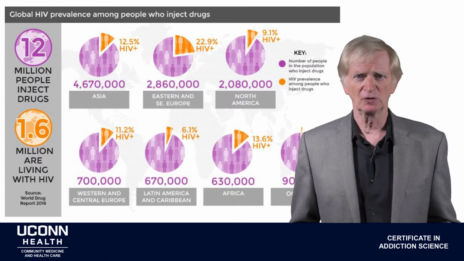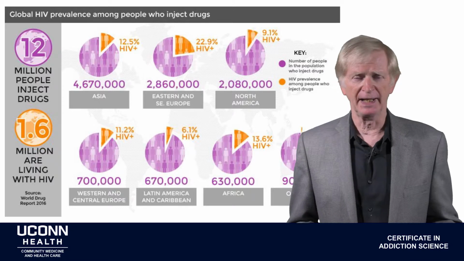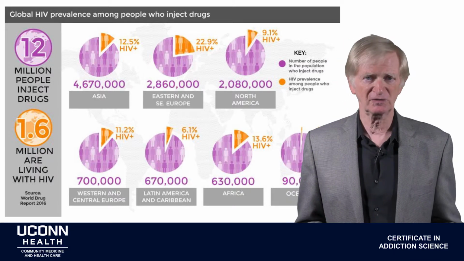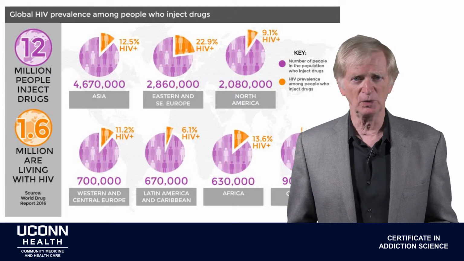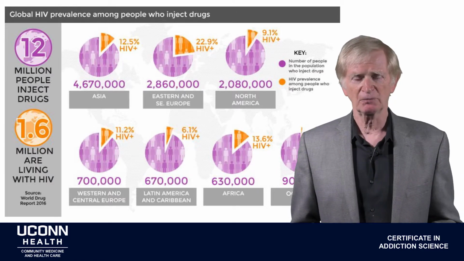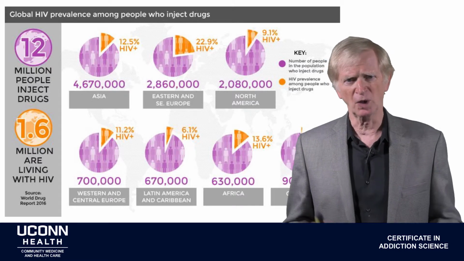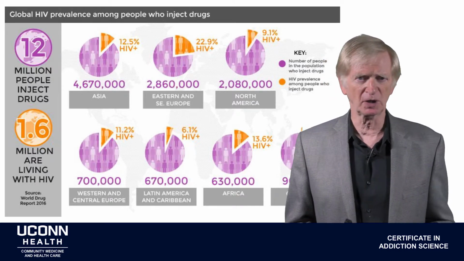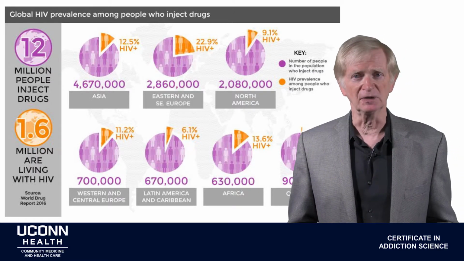Currently, there are about 12 million people who inject drugs, and among them, a little more than 10% are living with HIV infection. But there are big differences among countries in terms of what proportion of the drug injecting population is infected.